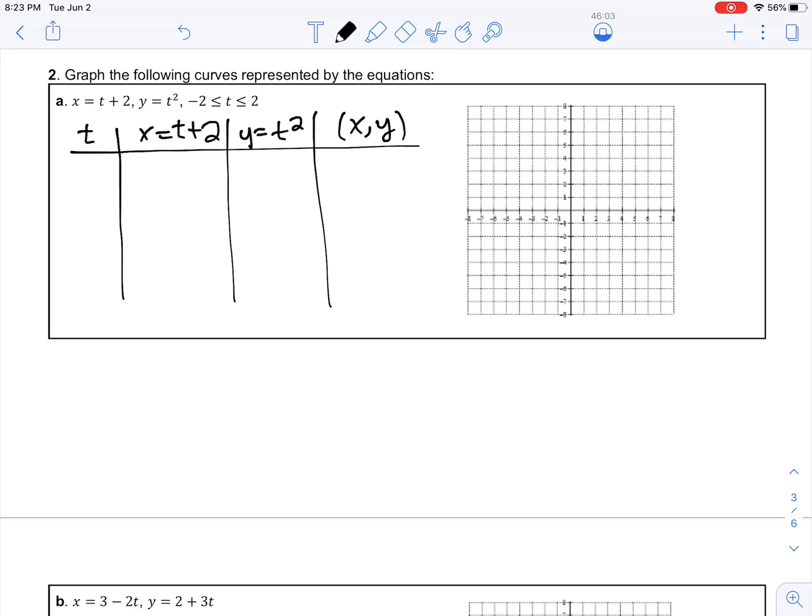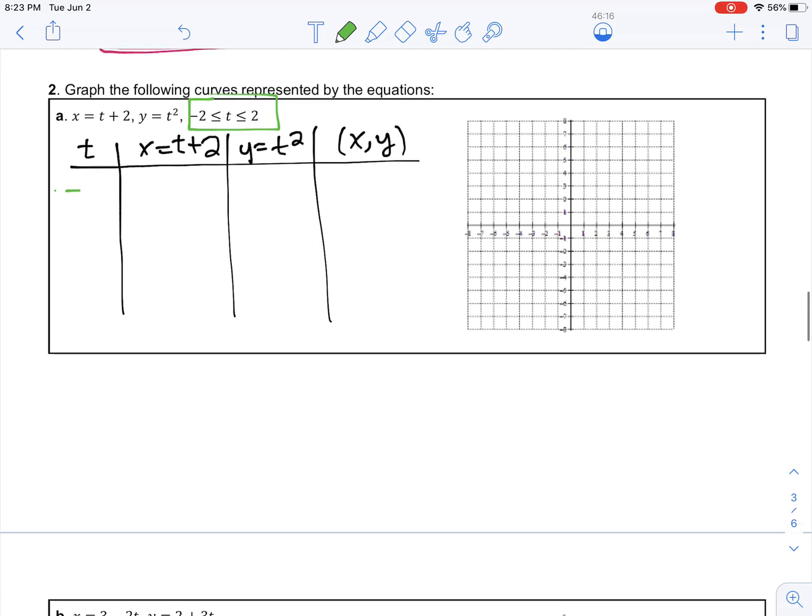Okay, so the first t value that we have is -2, and that's coming from our domain, our restrictions on t. So we're going to plug in -2 to each of these equations. We'll find that x is equal to -2 plus 2, which is just 0, and y is equal to -2 squared, which is 4. So when t is equal to -2, we have the xy coordinate point of 0, 4.